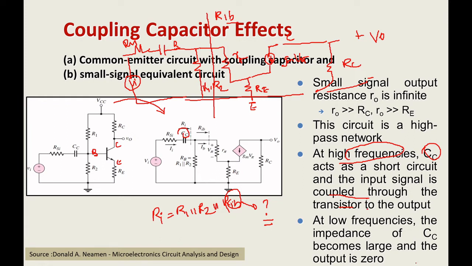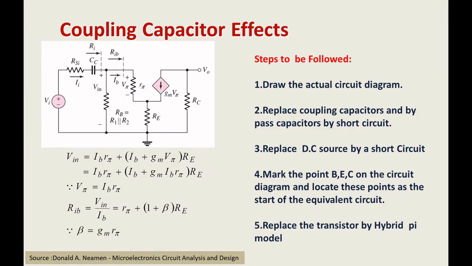But at low frequency, the impedance XC becomes large and there is a limitation in the gain, which introduces a roll-off in the response. Okay, this is called a high pass filter. This is called a high pass filter. Logic is working here. Okay, now we'll move to the next slide.